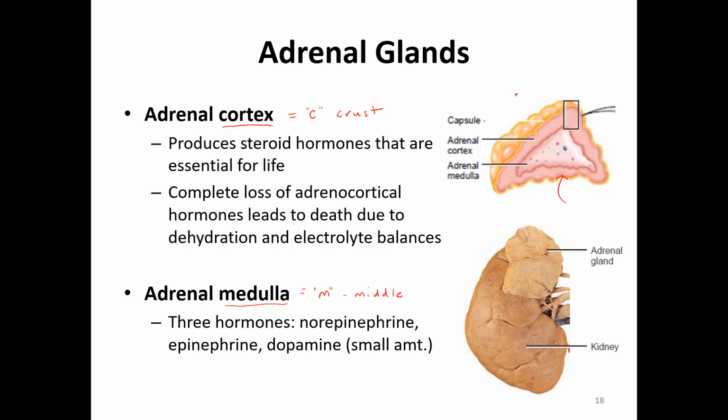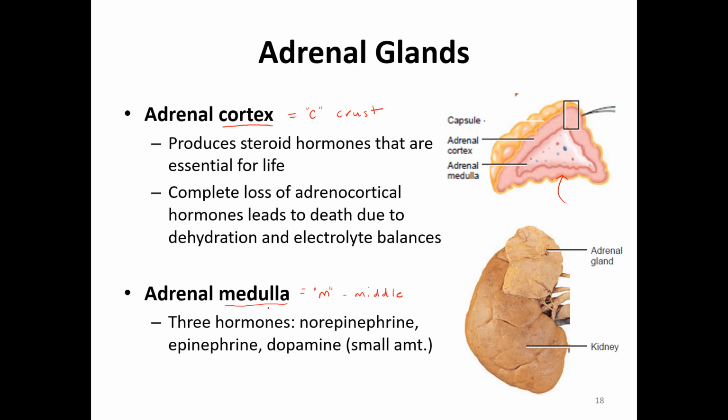So you'll see cortex and medulla with the lymph node, you'll see it with the kidney, and we're using it here with the adrenal glands. So this kind of phrasing or term is a common way to refer to the anatomy of a structure. So adrenal cortex is the region of the adrenal gland that is to the outside or the exterior, and the adrenal medulla is the middle portion.